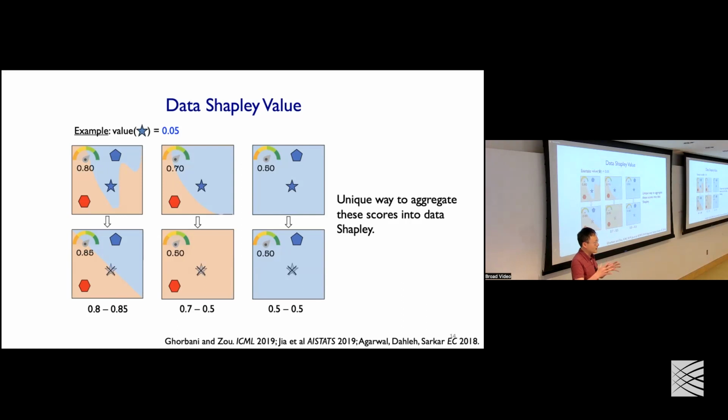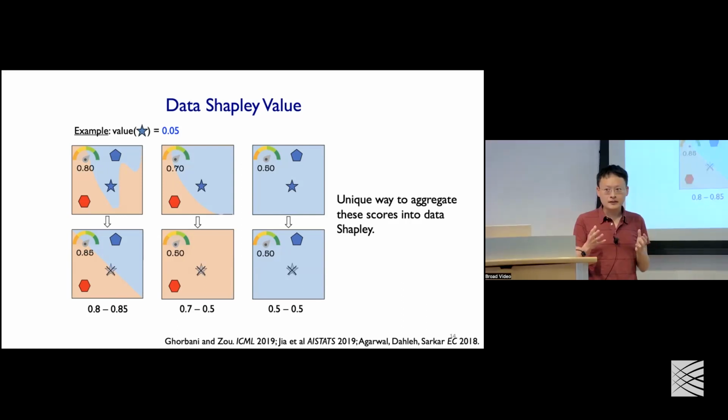The benefit of taking these different scenarios is, first, we now have much more robust estimates of the impact of this particular point, because we're aggregating across these different scenarios. And second, since each scenario corresponds to a different random subset of my data, this gives me a way to disentangle different interactions between different data points.